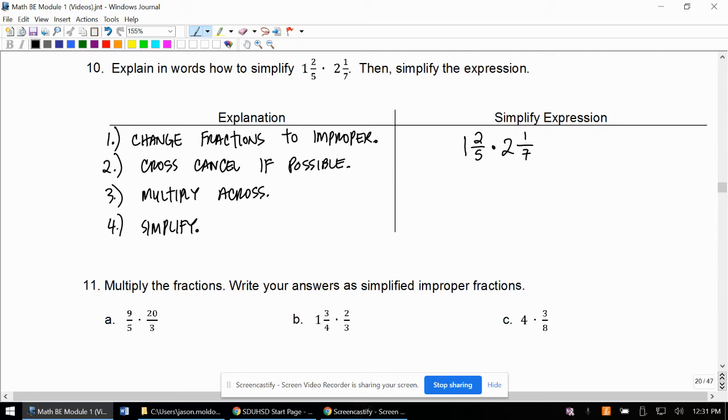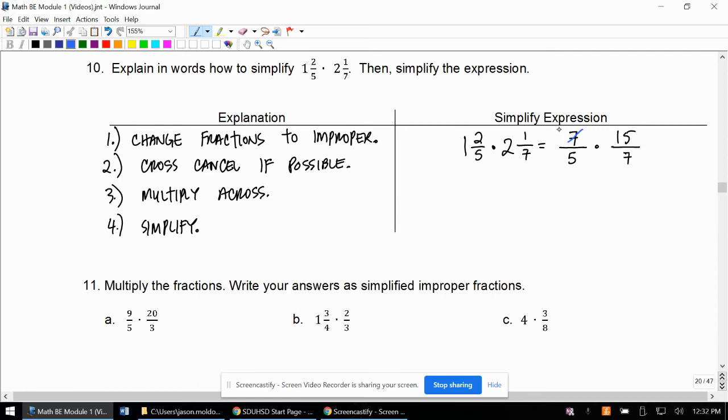So first step is we're going to set up our new expression with a times dot. We might even copy over our old denominator so we don't mess that up. 1 times 5 is 5 plus 2 is 7. So we're just changing these into improper. 2 times 7 is 14 plus 1 is 15. Yuck, right? 7 times 15 looks messy. And that's why we use this cross-cancel technique.